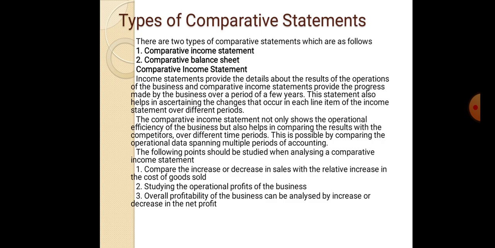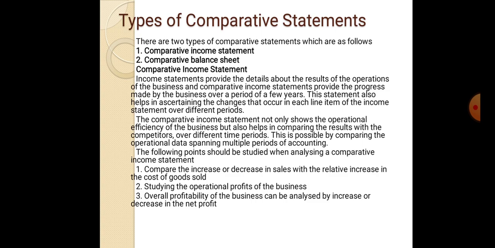So coming to the comparative income statement, there are two types of comparative statements. They are comparative income statement and comparative balance sheet. So what do we mean by comparative income statement?